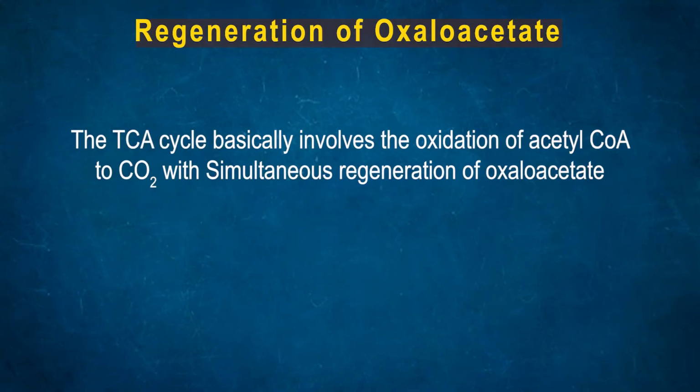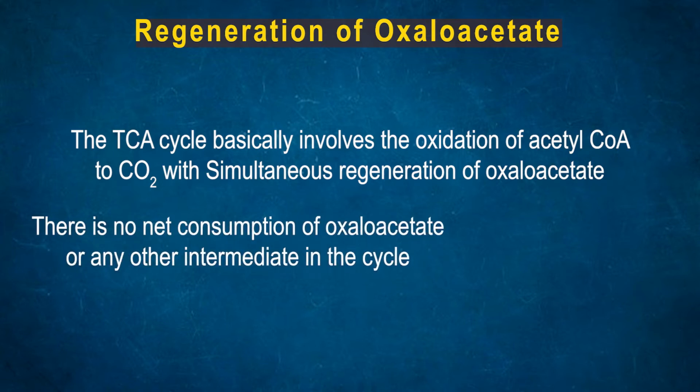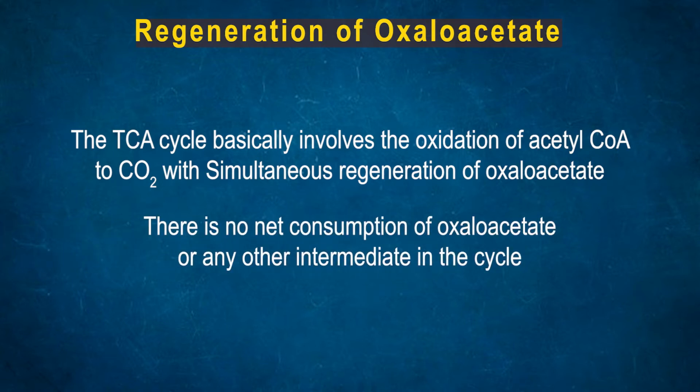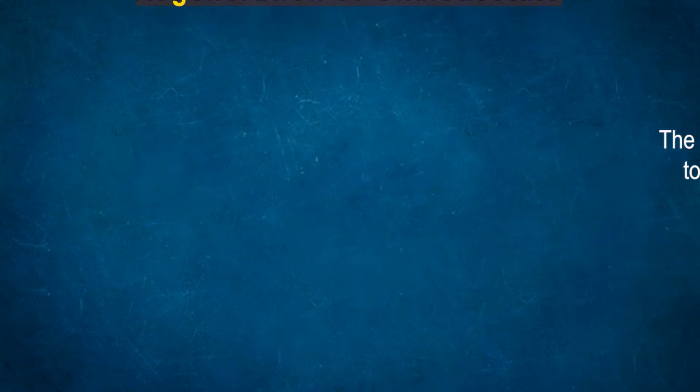Regeneration of oxaloacetate. The TCA cycle basically involves the oxidation of acetyl-CoA to carbon dioxide with simultaneous regeneration of oxaloacetate. There is no net consumption of oxaloacetate or any other intermediate in the cycle.